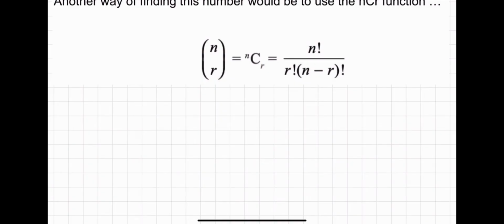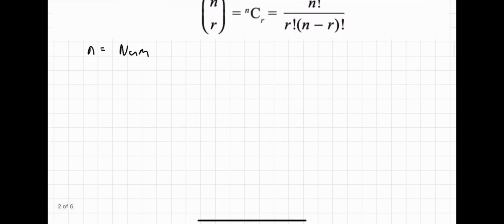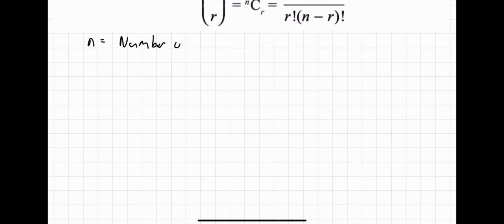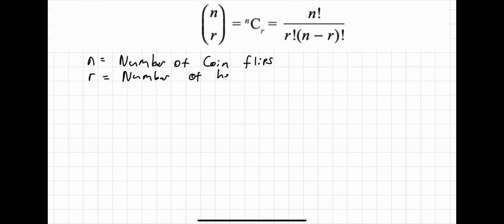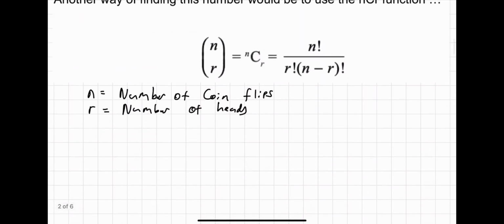Now, say n equals the number of coin flips, and r equals the number of heads, and you do 4 choose 3.